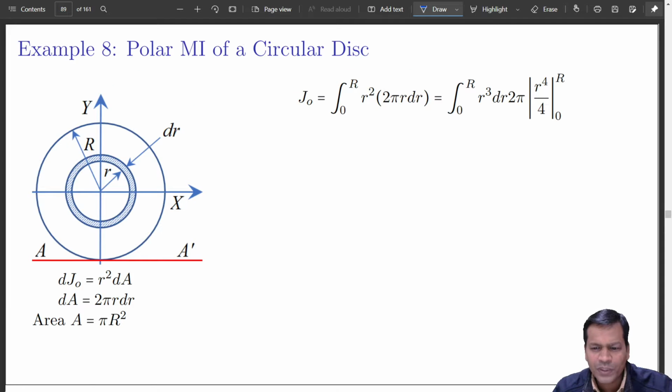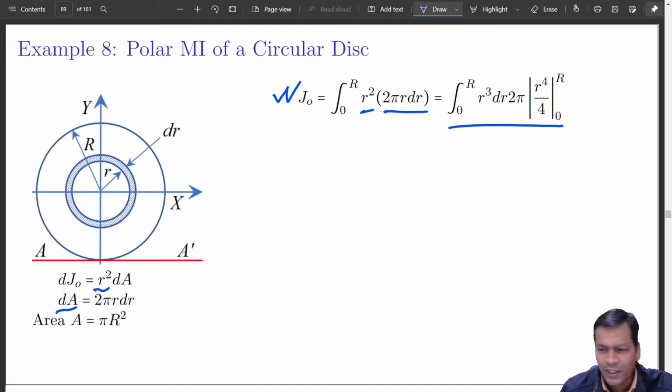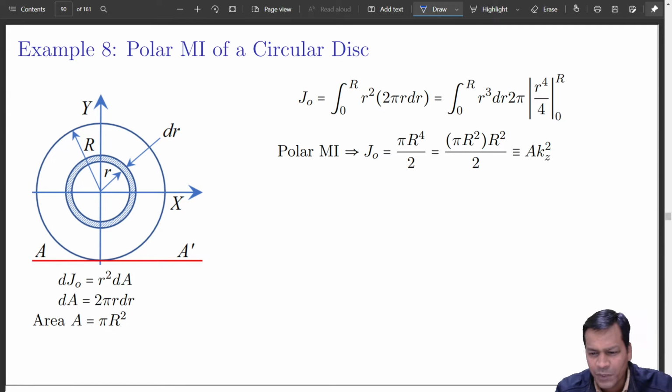So J0, now we'll have to integrate this. Substituting r square dA, from 0 to R, you integrate, is it not? So it is directly giving you this, and that fetches me J0 equal to pi R to the power 4 by 2.